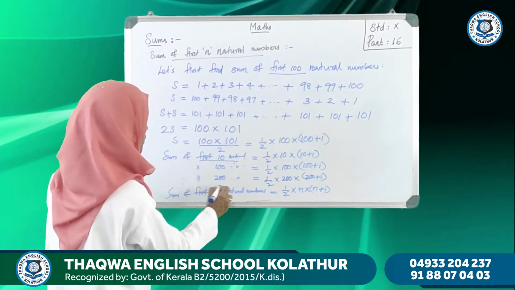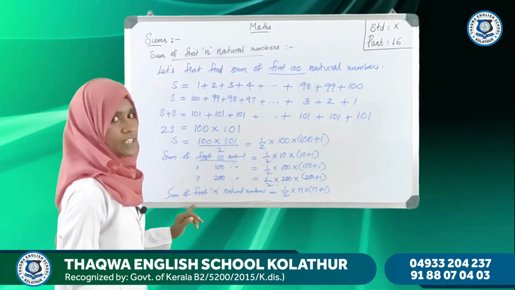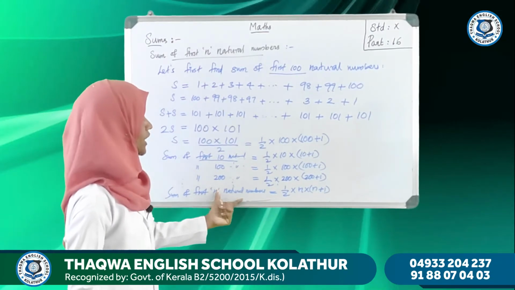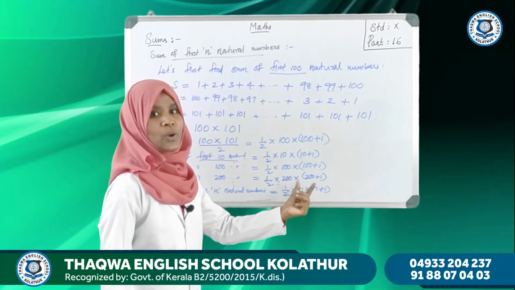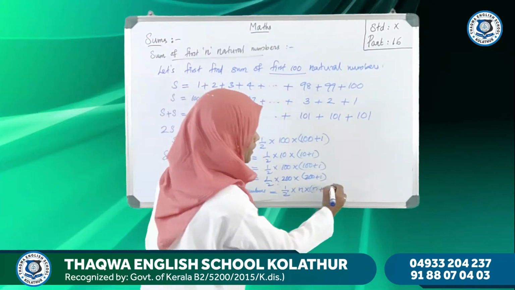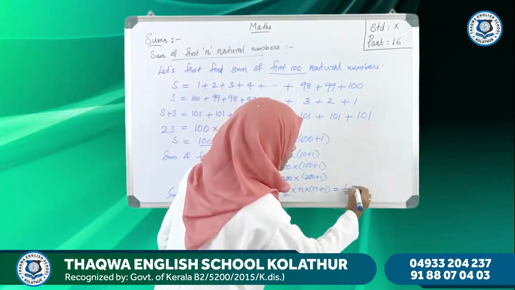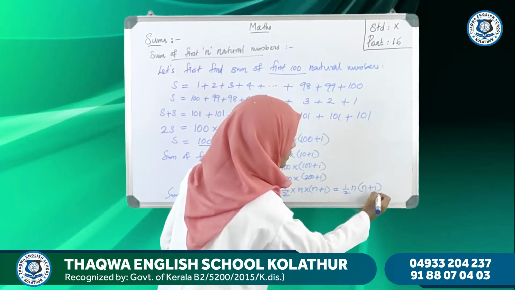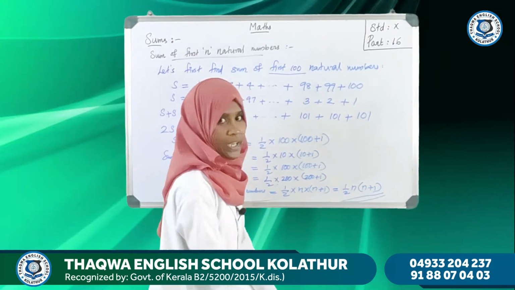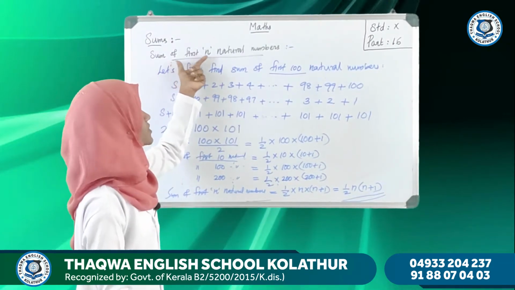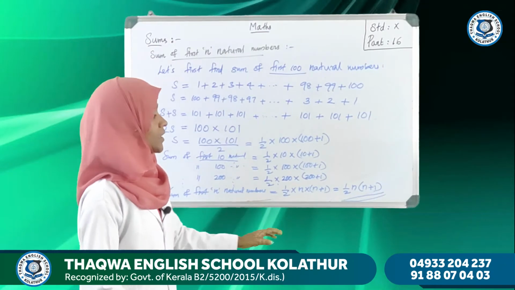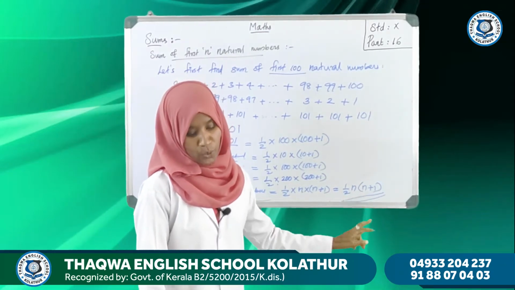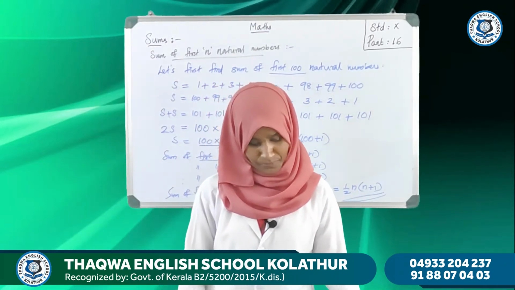By continuing like this, we get the sum of the first n natural numbers is half into n into n plus 1.